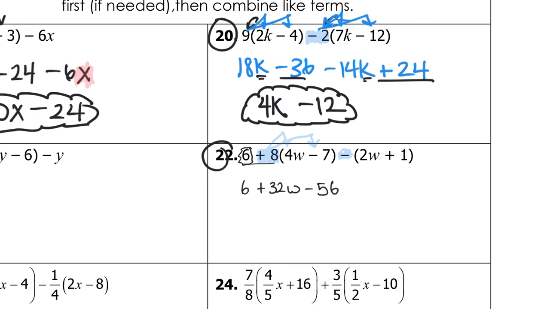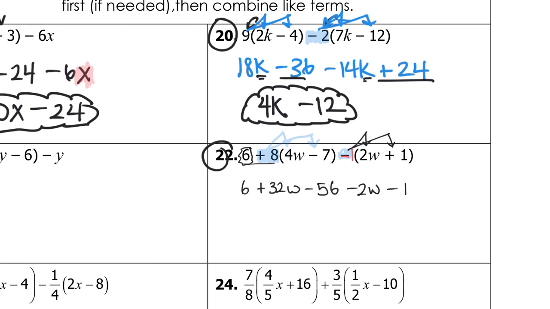And when you put a minus sign in front of any algebraic symbol, it really means -1 times that symbol. So I now have to do -1 times 2W, which is -2W. And -1 times +1, well, negative times a positive is a negative.